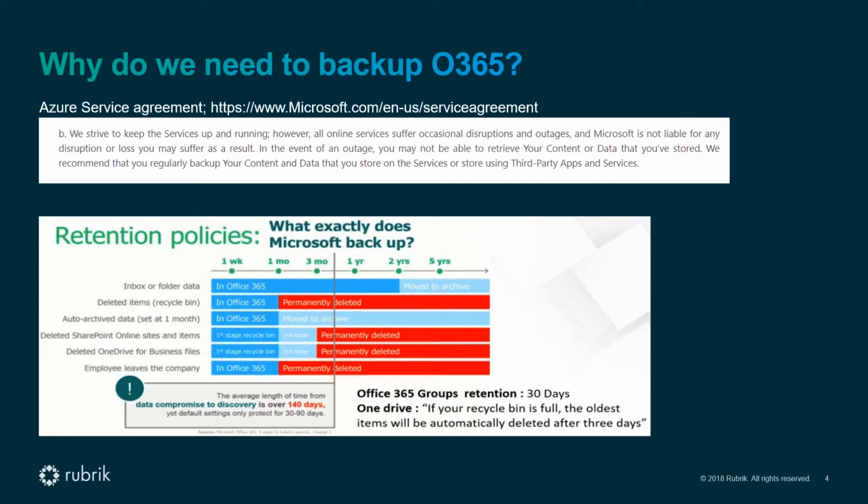Therefore, any decision to not back up your Office 365 data should be based upon your appetite for risk. If you decide not to protect your Office 365 data, there is a risk of unrecoverable data loss, be that in email, OneDrive, or SharePoint data. If you decide to protect your Office 365 data, then you are guaranteed of having a backup copy of your Office 365 data stored outside of the Office 365 platform that you can rely on to quickly recover data if and when the need arises.